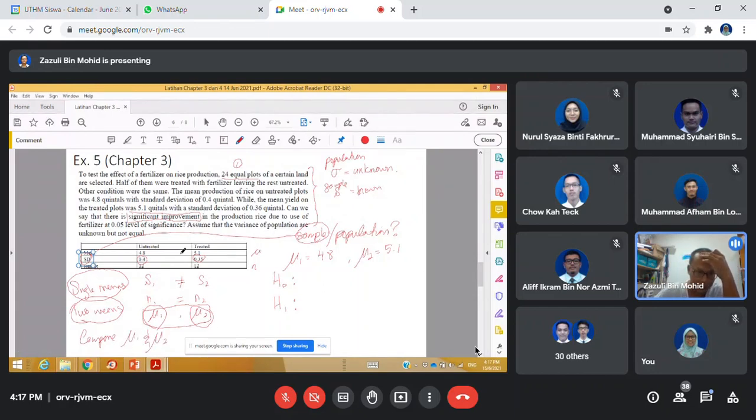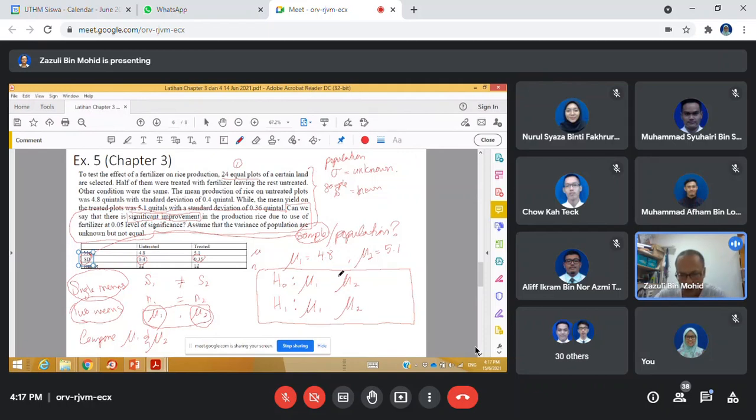So the question is, at the last sentence here, you have to determine the null hypothesis and alternate hypothesis. So we have mu1, mu2. For the null hypothesis, anybody can answer?